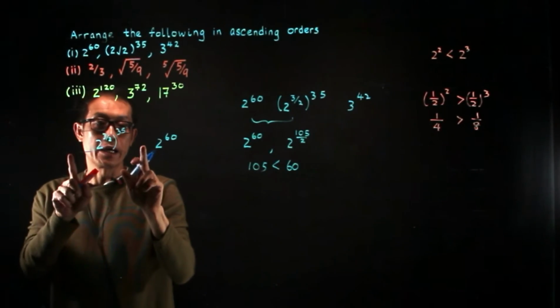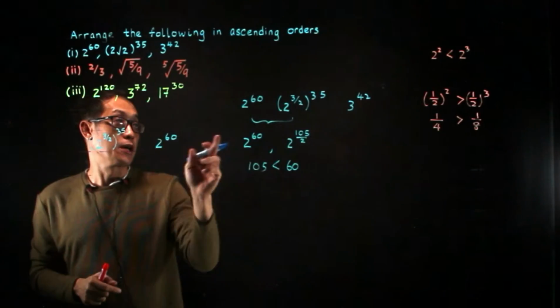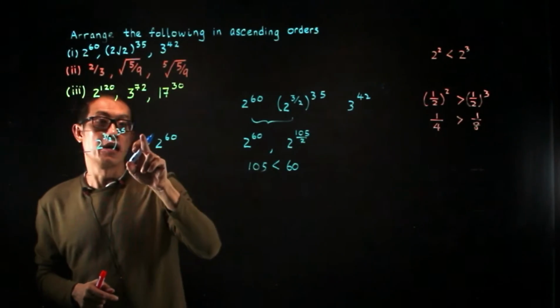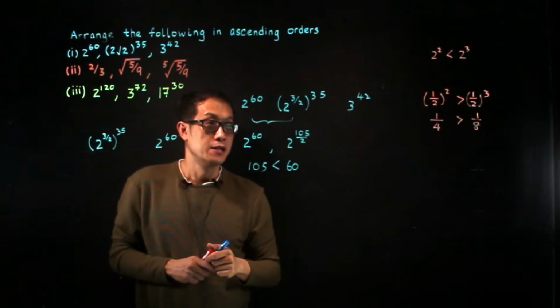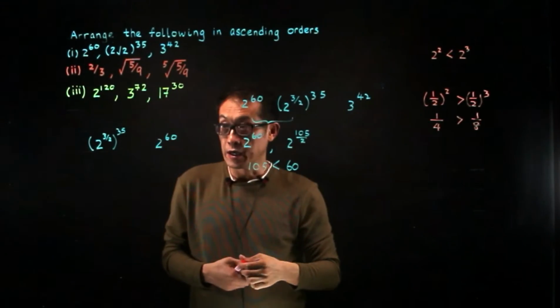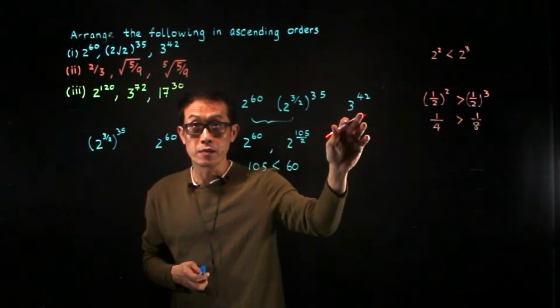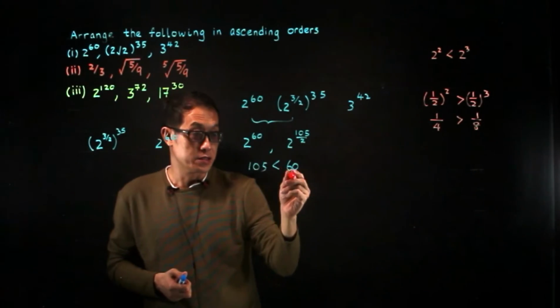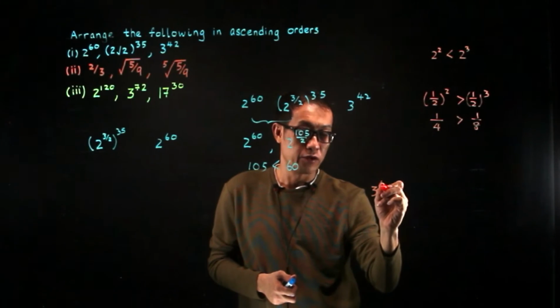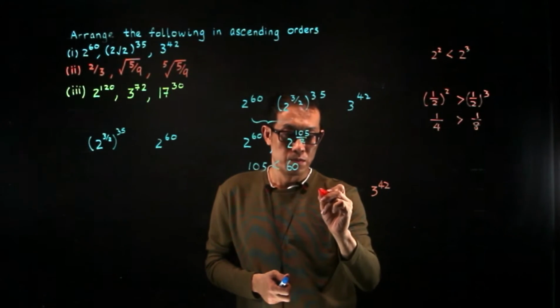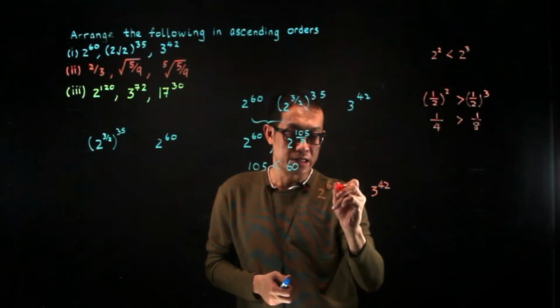Now I leave a big gap here because I'm not too sure whether this number I need to put here, here or here. Okay. So I compare this with this. So I have 3 to the power of 42 and 2 to the power of 60.